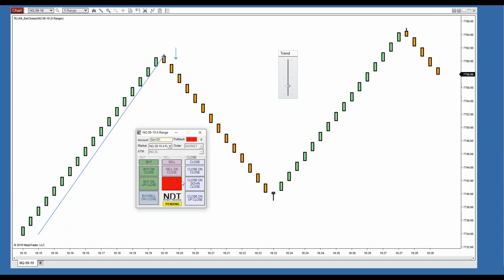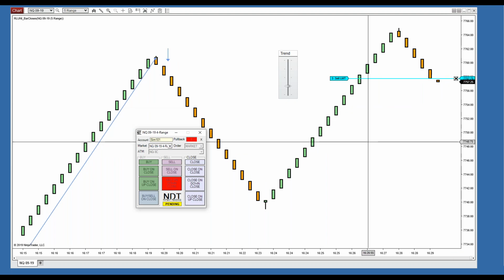So we're going to sell a down close. There's no range counter here. When it goes to the 5th tick, you're going to get a close, but now you need a pullback.